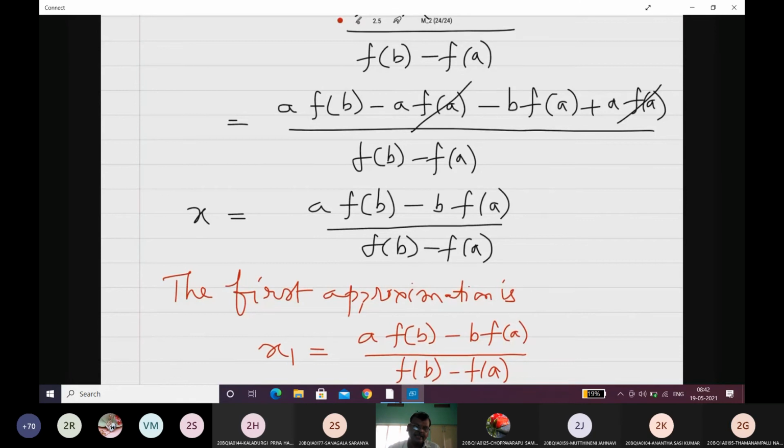And again, suppose f of x1 is positive or negative depending on the nature of the problem. Again, the root lies between a and x1 or x1 and b.